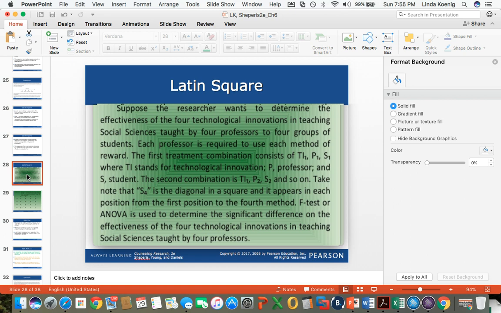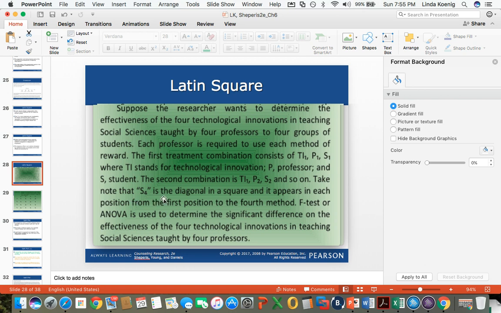The first treatment combination consists of a technology, a professor, and a student. So T1 is the technology, P is the professor, S is the student. The second combination, and here it is, we have a technology, a professor, and a student, and so forth and so on.